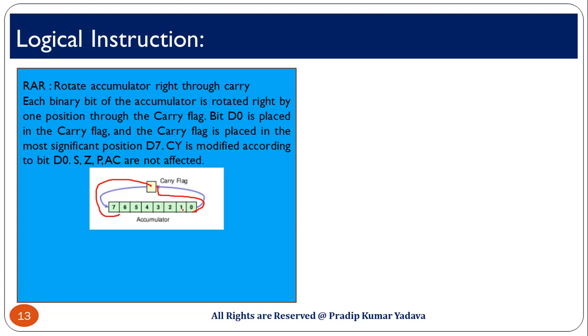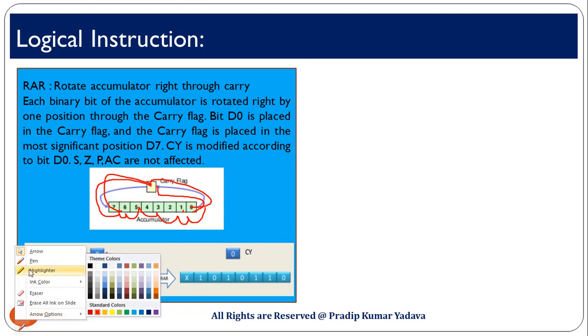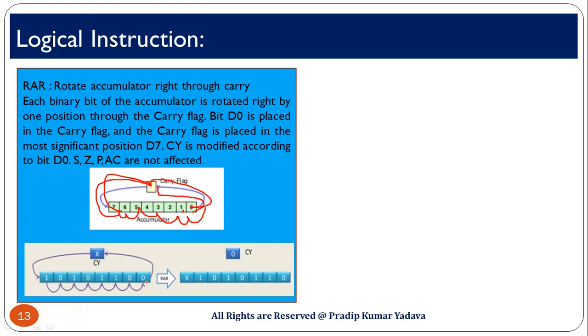Second time, means first time this will be here and the value of carry here, and everyone just shifted 1 position right, okay, again. The content of this will be here and this will be here, meaning everything is shifted 1 bit position right by using the carry flag.